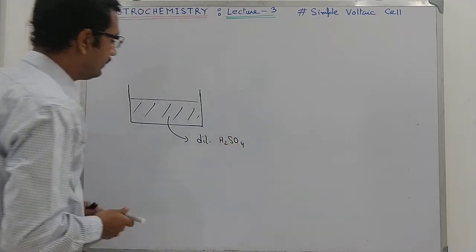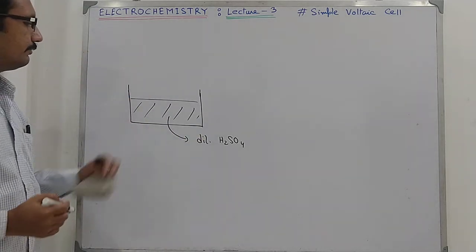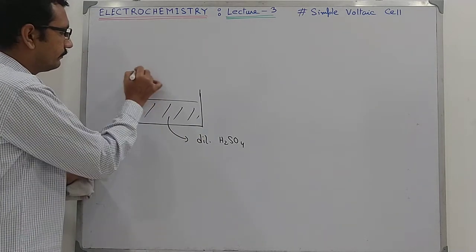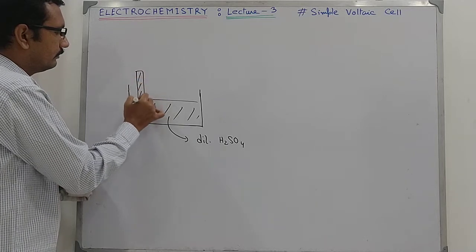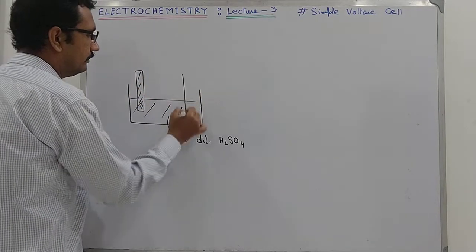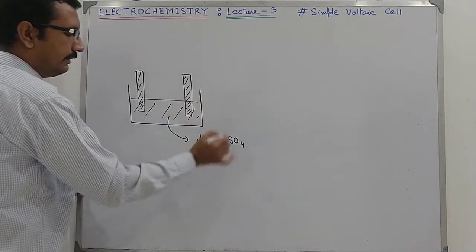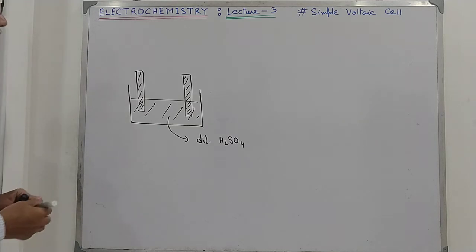So dilute sulfuric acid is taken by Alessandro Volta, and he used a zinc rod, a zinc plate which served as the anode, and a copper rod partially dipped within this electrolytic solution.